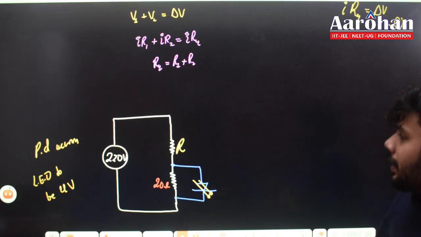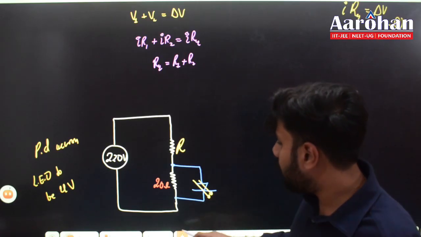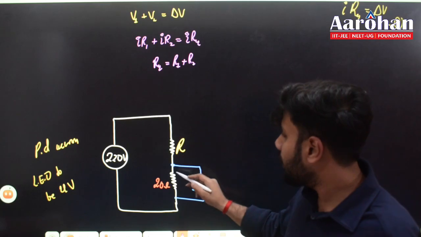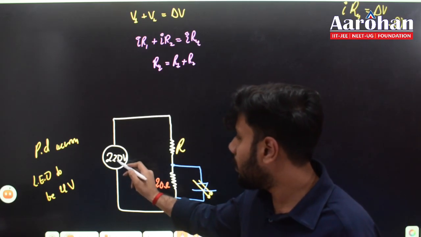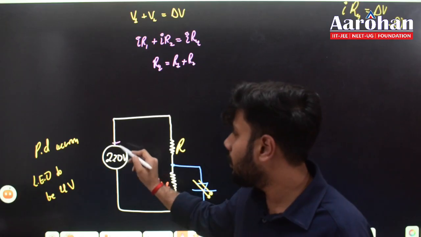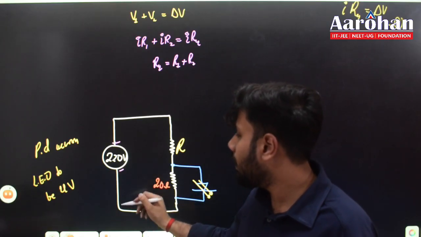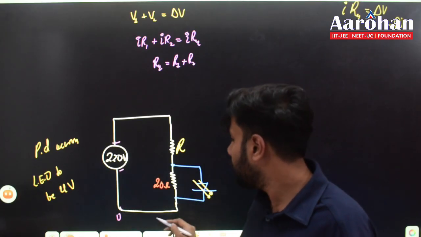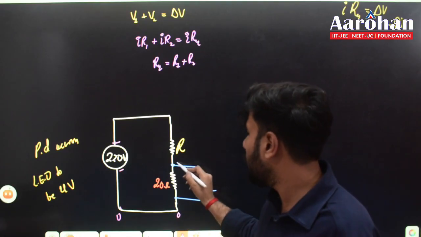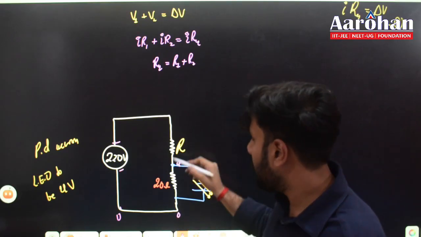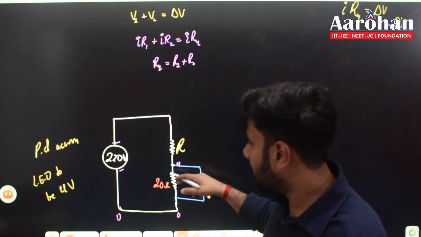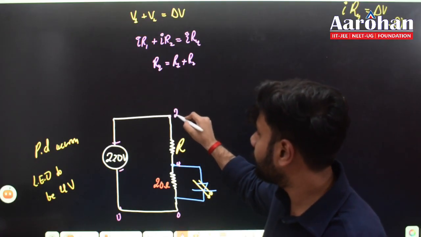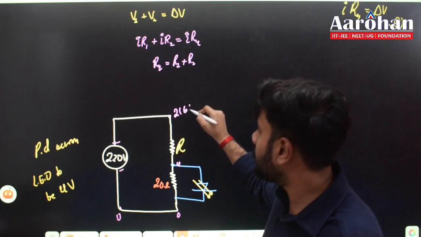Okay, I will show you what the idea is here. What we want is the potential difference across the LED to be 4, and this is 220 volt, it is not given, you can imagine plus, you can imagine minus, so this will be your 0, so this will also be 0. What do you want? 4, so here you will have 4, and 4 is being consumed here, so the remaining is 216 volts.